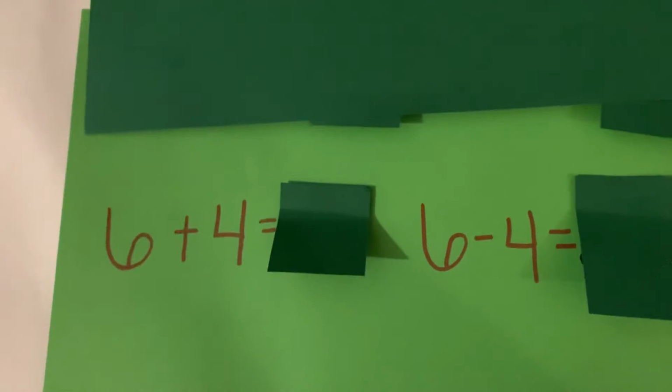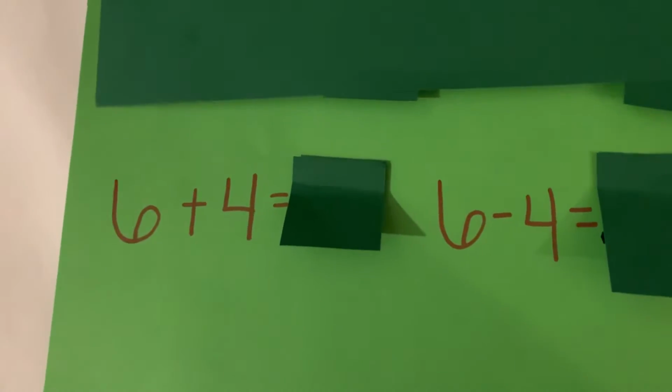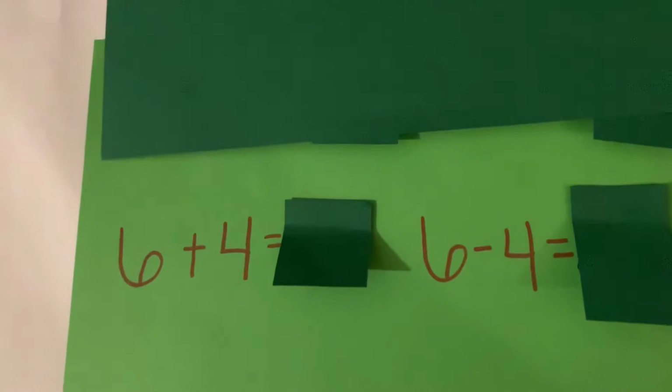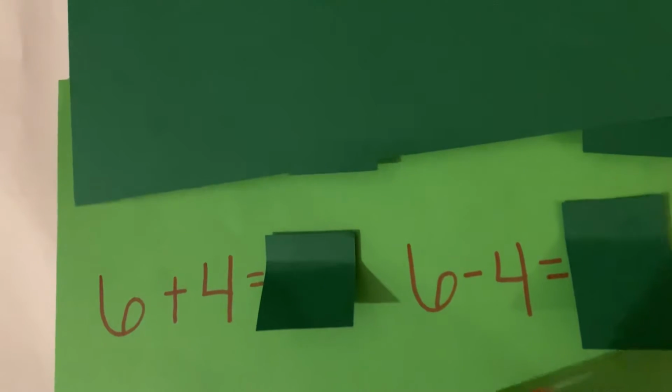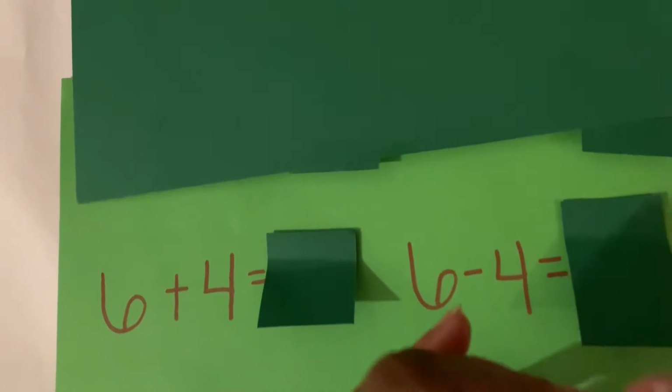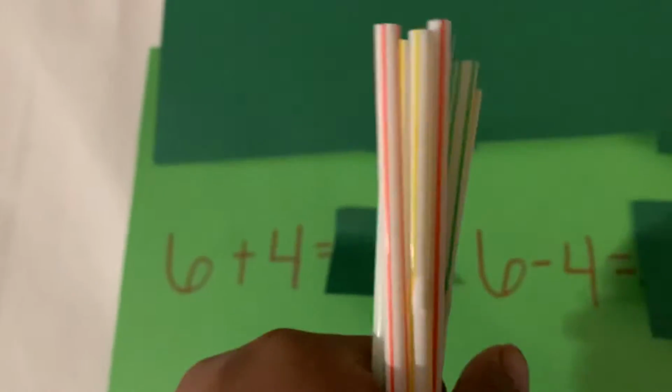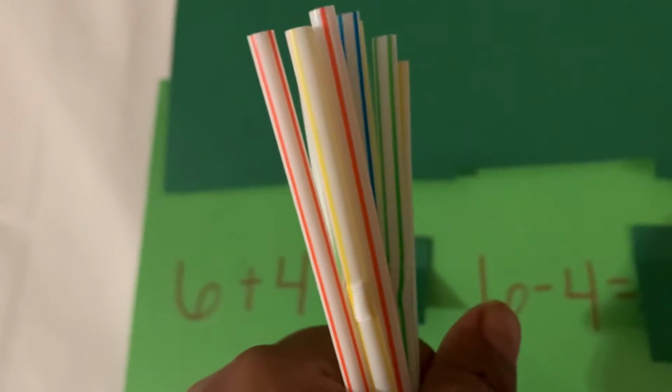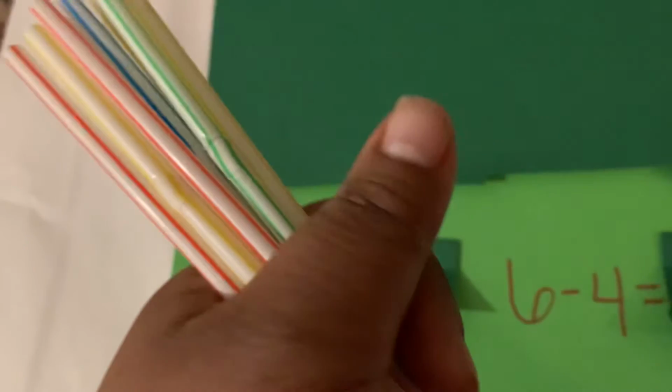Okay, so think back to last week. We worked on place value. When we have the number 10, which is the first multi-digit number, a double-digit number after the number 9, can we make this a bundle?